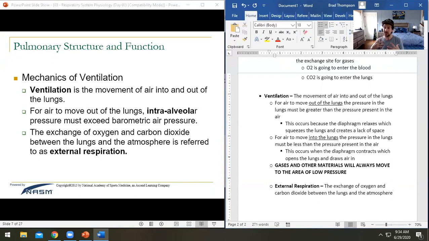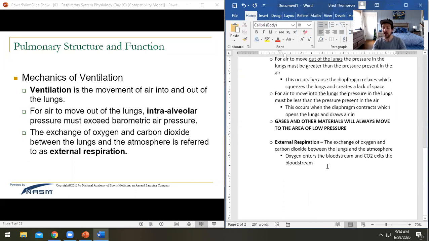Okay, so at the lungs versus the room you're standing in or outside, right? So oxygen enters the bloodstream and CO2 exits the bloodstream. Okay, that's what's happening at external respiration. And again, it's taking place at the lungs.